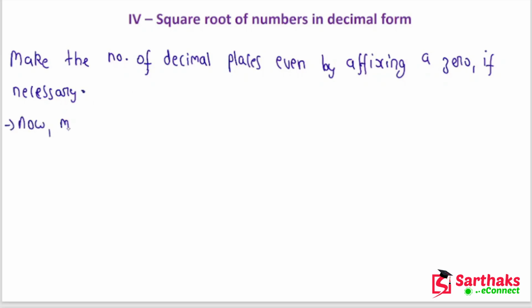Now mark periods. Now there is a little change. For the integral part, the periods will be marked similarly from the rightmost side, but from the decimal they would start from the leftmost side.